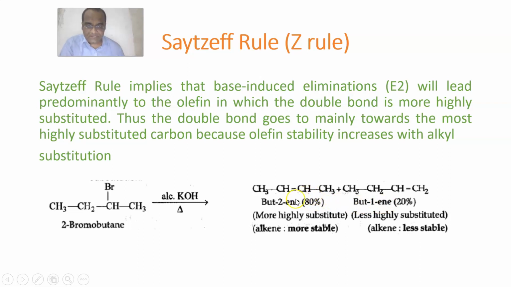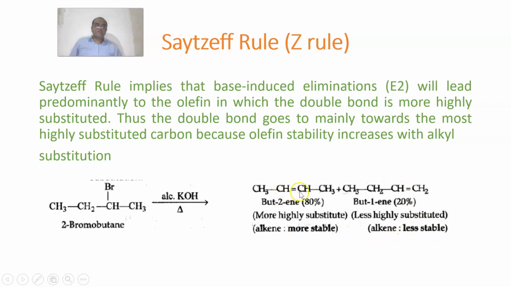You can see that 80% of 2-butene is formed, and only 20% of 1-butene has been formed. So from this you can understand that when the alkene is more substituted, it is more stable. When the alkene is less substituted, it is less stable.